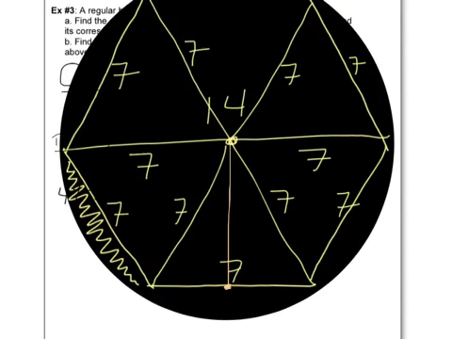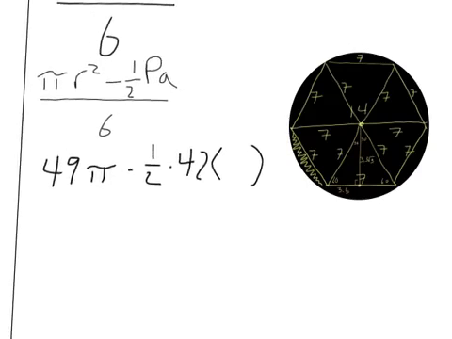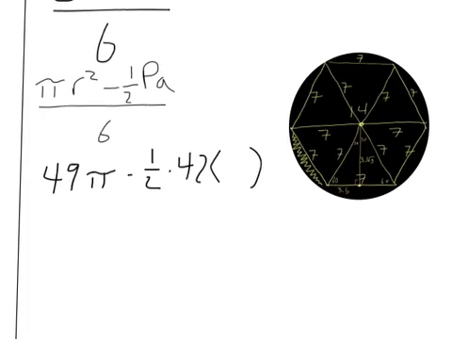Well, if this was an equilateral triangle, then this angle was 60, and this angle was 60, and now this is 90, and now each of these are 30. And so that would make this side 3.5, and that would make our apothem 3.5 rad 3. All right, well now we have our apothem, so let's plug that in. 3.5 rad 3.